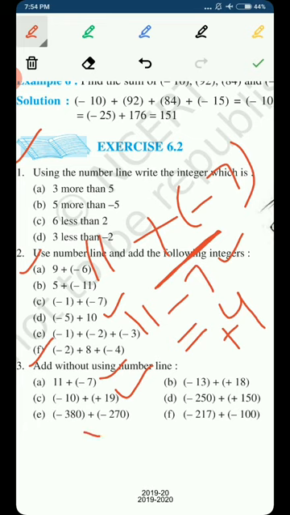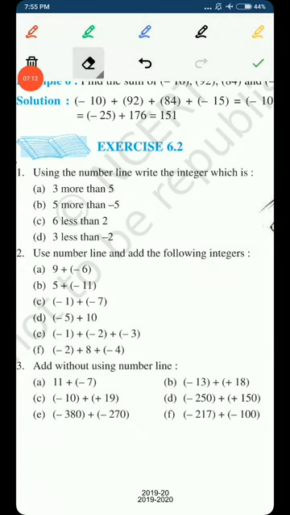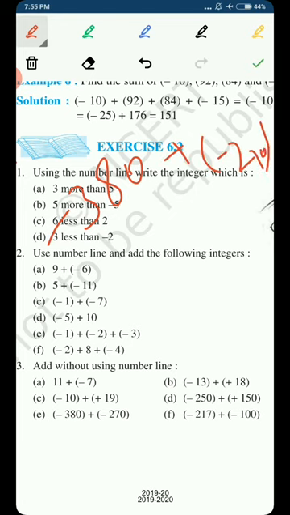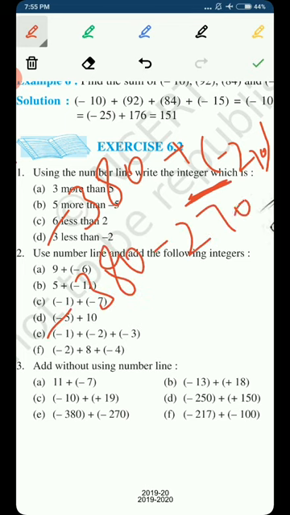Let's see part E. In part E, we have minus of 380, and we have a plus sign between them, and then minus of 270. Minus of 380 plus minus of 270. So plus minus, as I have told you, becomes minus. So minus of 380 and minus of 270. Now we have the same sign, and both signs are negative. I have told you that when both signs are positive or both are negative, we always perform addition.